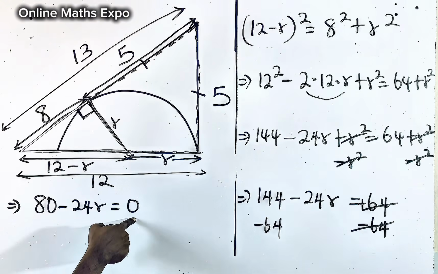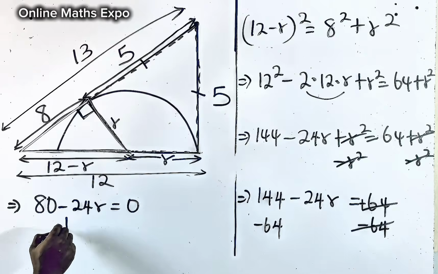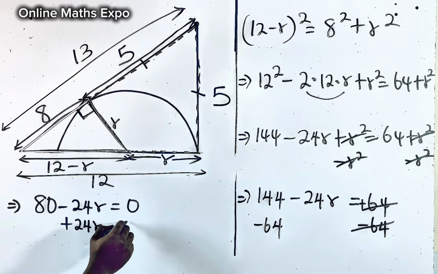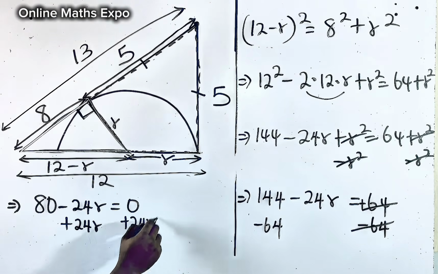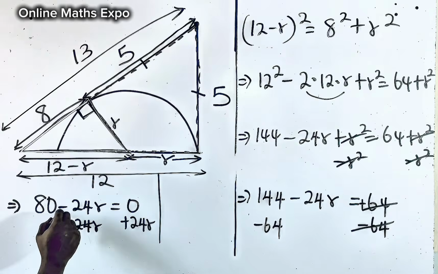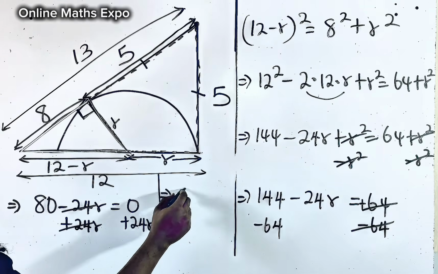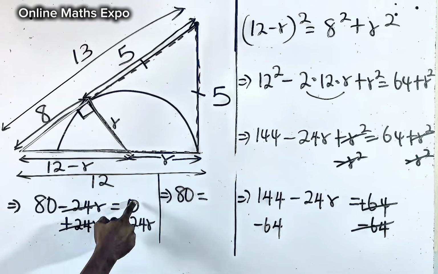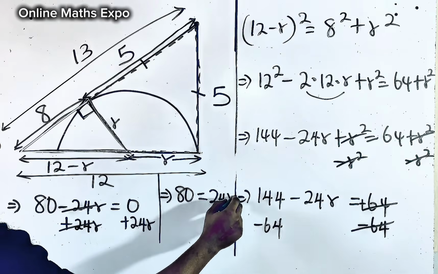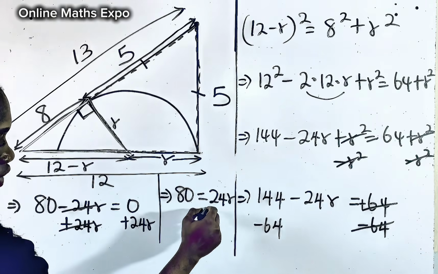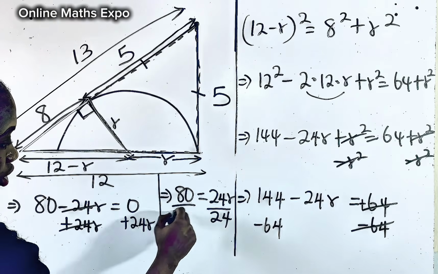So let's take this to the right side. It is negative, so you add 24r to both sides. This will take off this, so we have 80 is equal to 24r. To get r, divide through by the coefficient, which is 24.